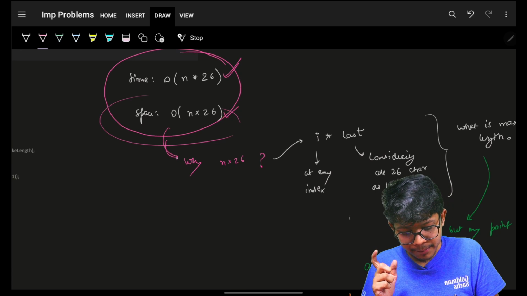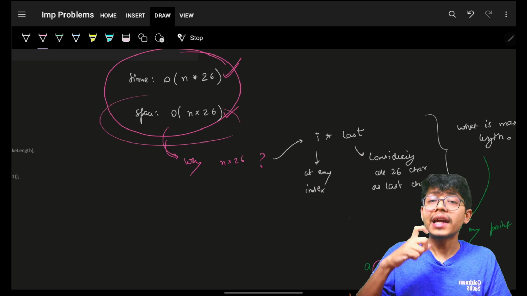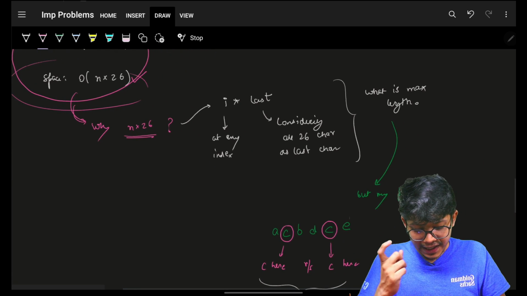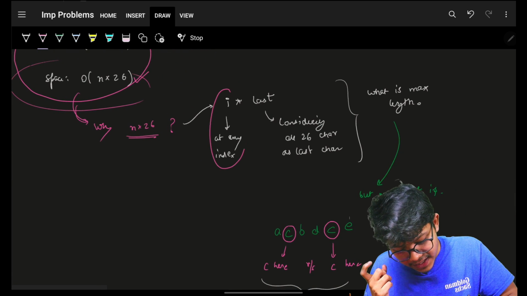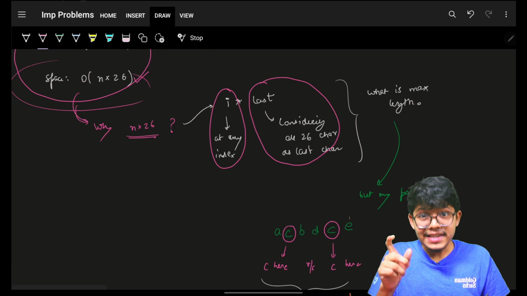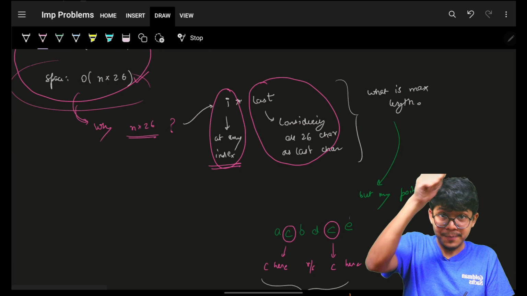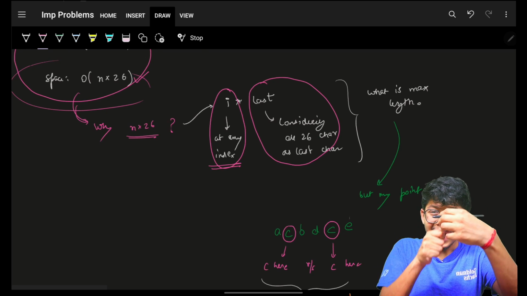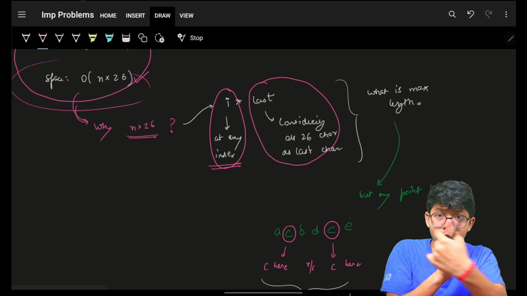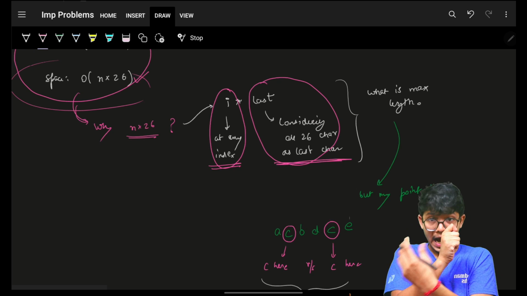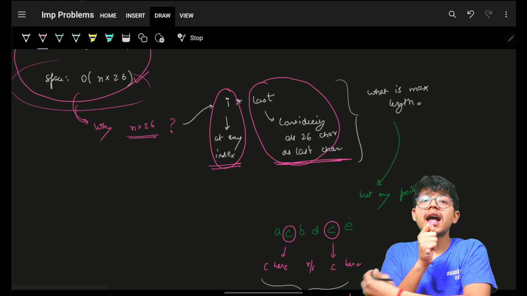Now, let's come back and see why this space of n into 26 is being used, right? It is being used because I'm using n for the index and 26 for last. I simply say that I am at a specific index, and last simply considers that, if I am at an index i, then I will consider the last 26 characters as the last characters.